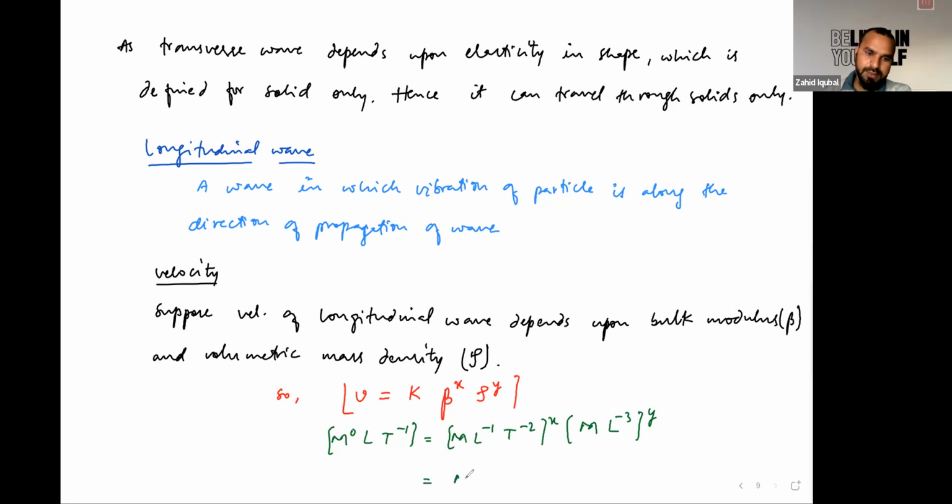So on solving, you will get M to the power x plus y, L to the power minus x minus 3y and T to the power minus 2x. Just equate the exponent of each term, you will get the value of x and y.